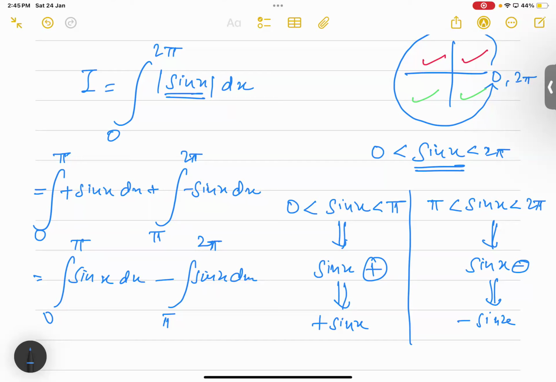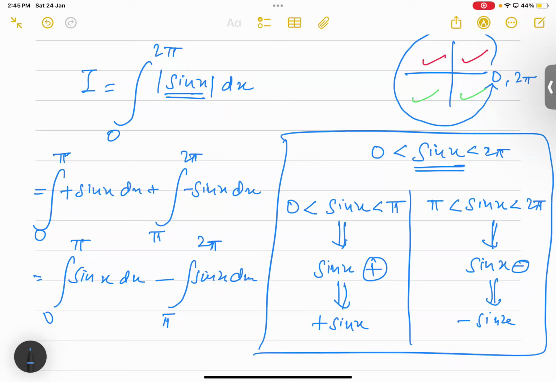Guys, are you solving this? Please solve. Any which way, sin 180 equals 0. What is the answer? Has anyone calculated?